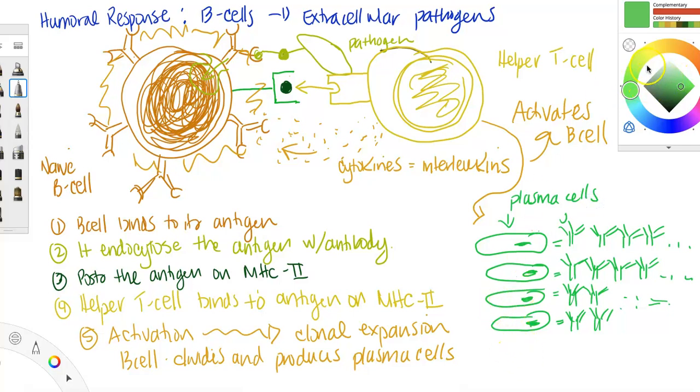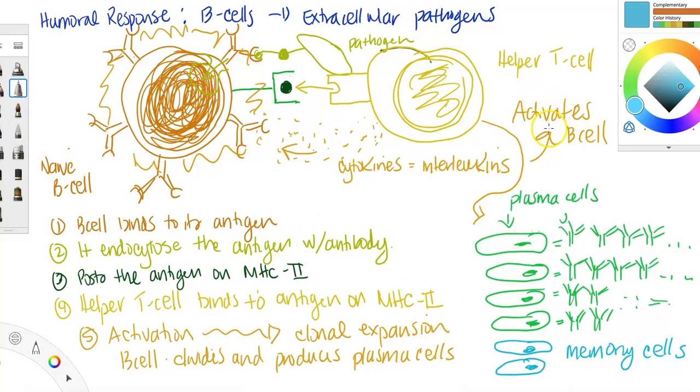And it also makes, I'll do this a different color, it also makes memory cells. So these cells live on in the body, and when you're exposed again, these cells immediately react.